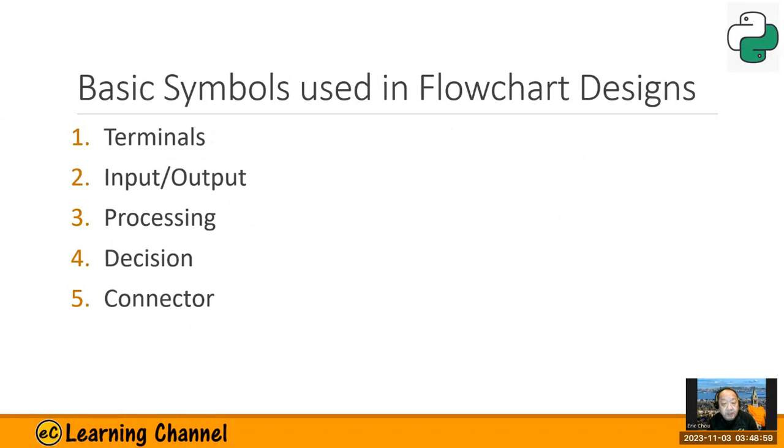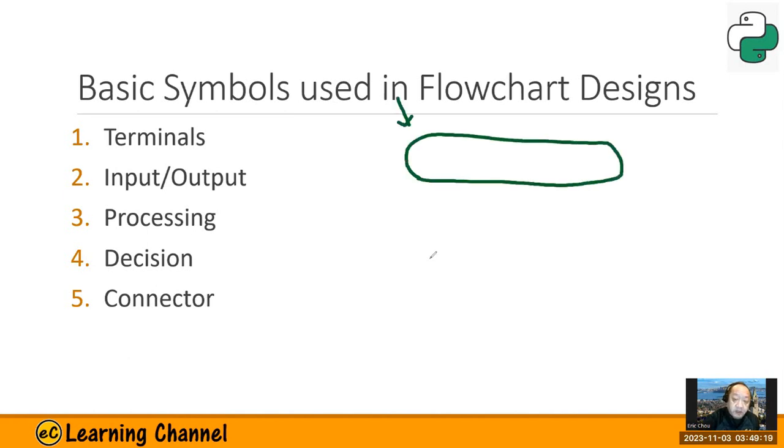So let's look at the basic symbols in the flowchart. There are terminal, input, output, processing, decision, and connector. So terminal is the beginning point or ending point. Usually you use a rounded rectangle.